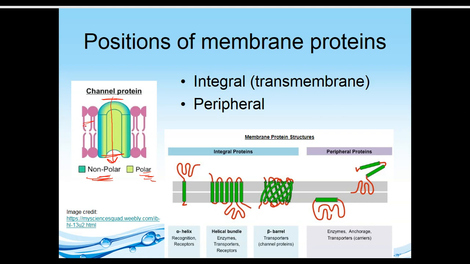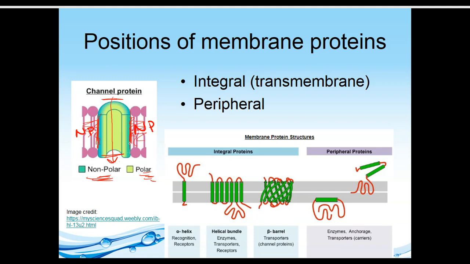So we know that this part of the membrane is nonpolar. Nonpolar fatty acid tails of our phospholipid molecules, quite nonpolar. And so the outside of this channel protein, the outside of this tube, is also nonpolar, so that these guys can hang out together. The protein is not repelled by the lipid.